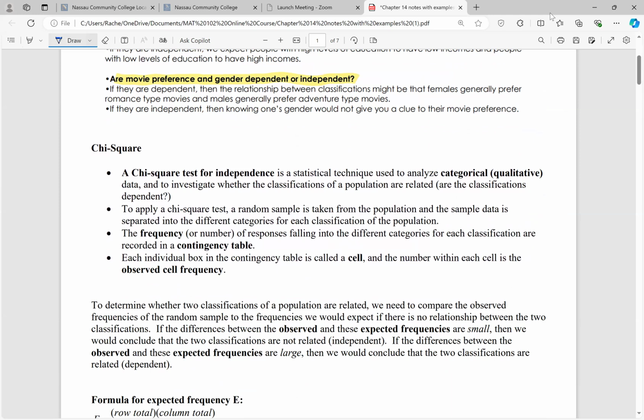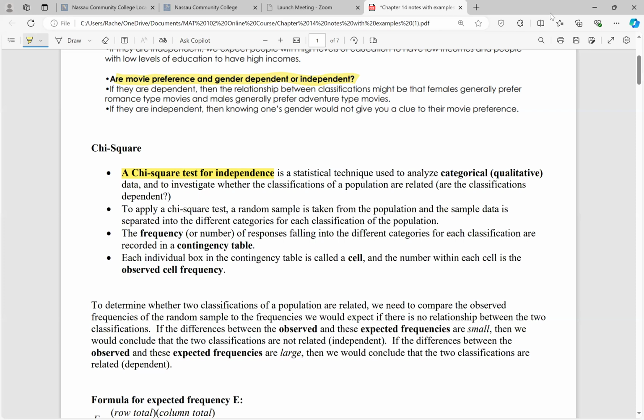And we always go back to a trial. In a court of law, the null hypothesis is that the person is innocent. So in a chi-square test for independence, when we're going to look at categorical data and see whether the classifications of a population are related, we're going to assume right off the bat that they're independent and that there's no relation.